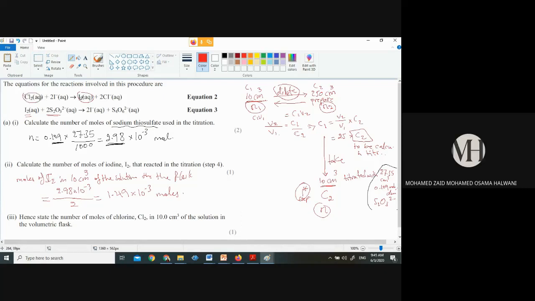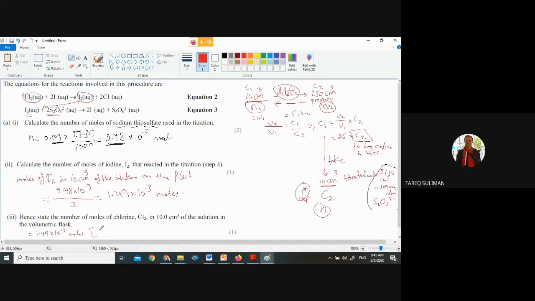Same ratio. Iodine formed in the first step is titrated in the second step. Same number of moles, and iodine and the chlorine 1:1, so equals to what? To 1.49 times 10 to the power minus 3 moles.